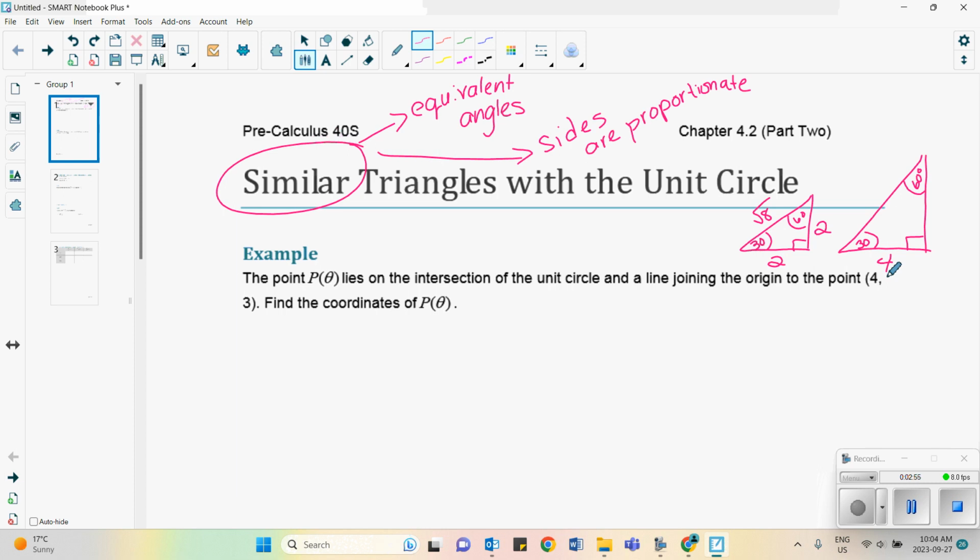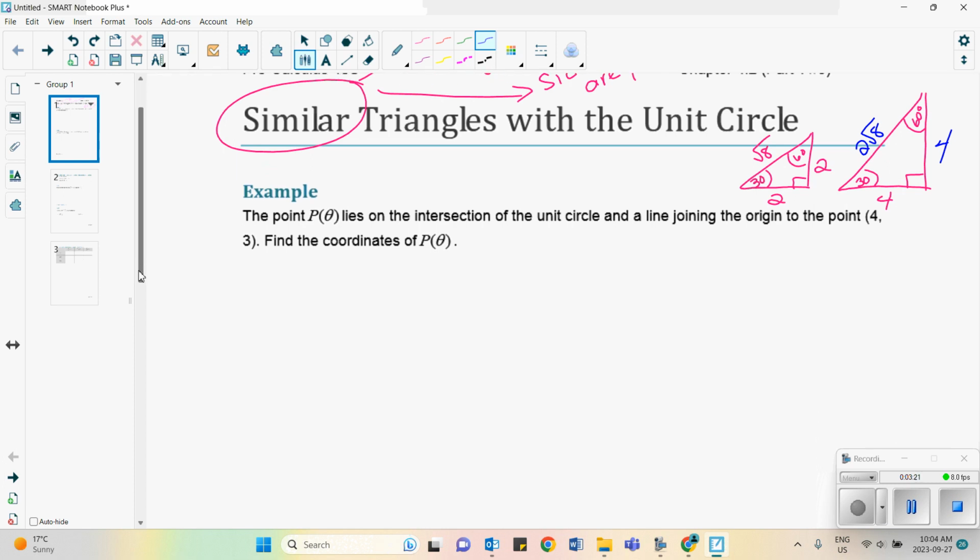So that means every side increases by 2. So that would mean that this side is also 4, and this would be 2 root 8. I could simplify root 8, but we don't have time for that. So just remember that they have equivalent angles, and their sides increase by the same rate. It's called a scale factor, and we did that in grade 9, so if you don't remember it, not a huge shock, that was a while ago.